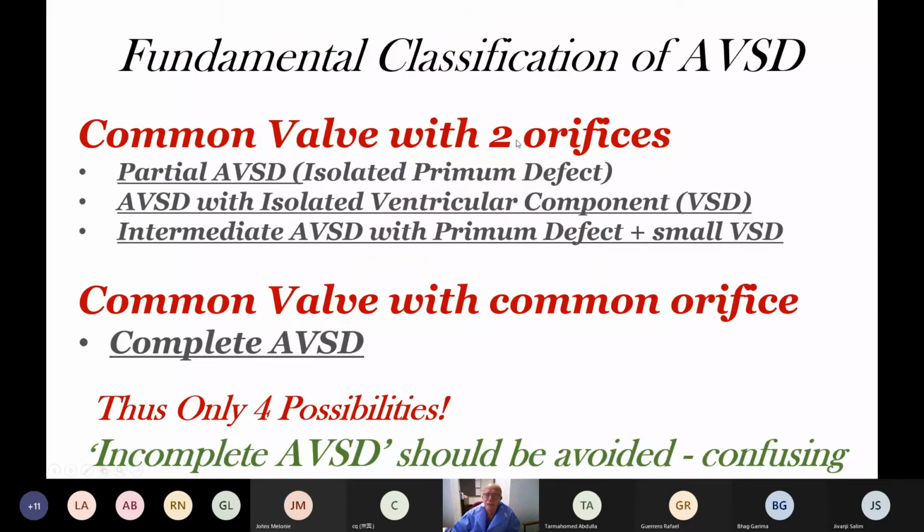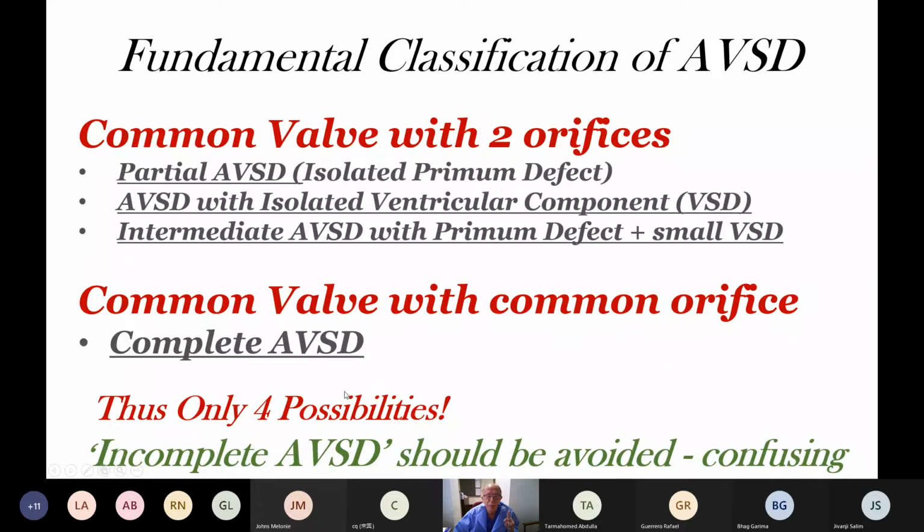Now, the fundamental classification of AVSD, according to the International World Coding Committee, which I don't sit on, is into 4 possibilities. You can have a common valve with 2 orifices, and they include either the partial AVSD, the isolated primary defect, AVSD with isolated ventricular component, or the intermediate AVSD with a primary defect and a small ventricular component.